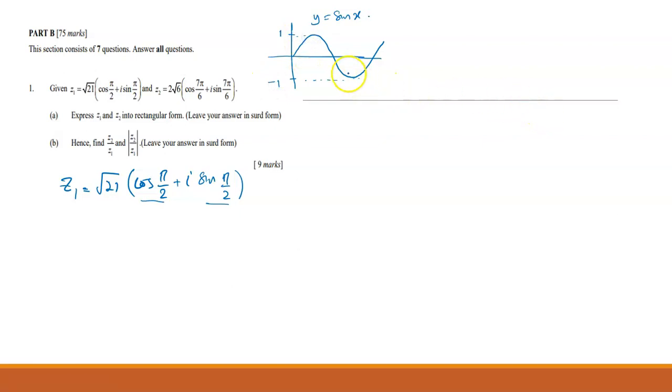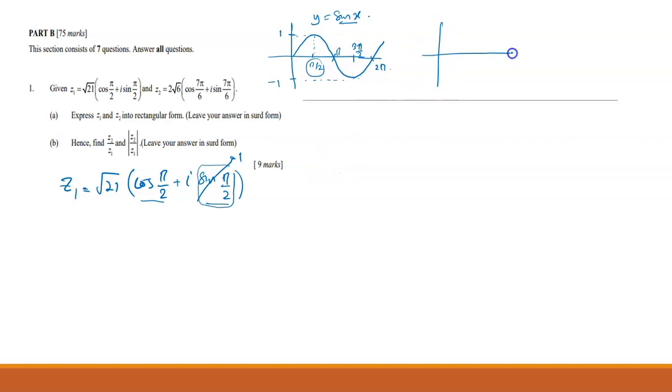Here is pi over 2, pi, 3 pi over 2, and 2 pi. So look at this one here, sine pi over 2, which is equal to 1.